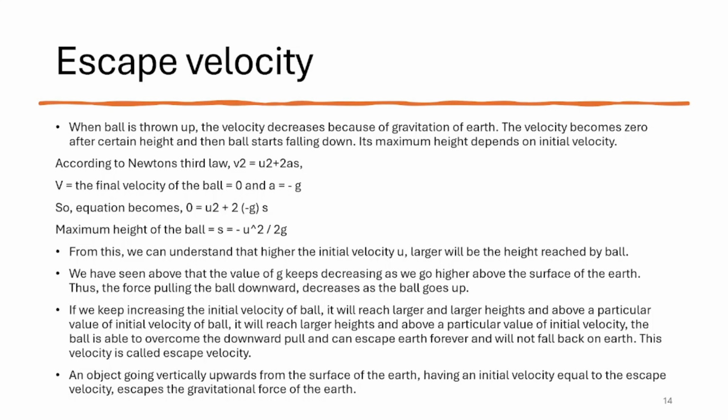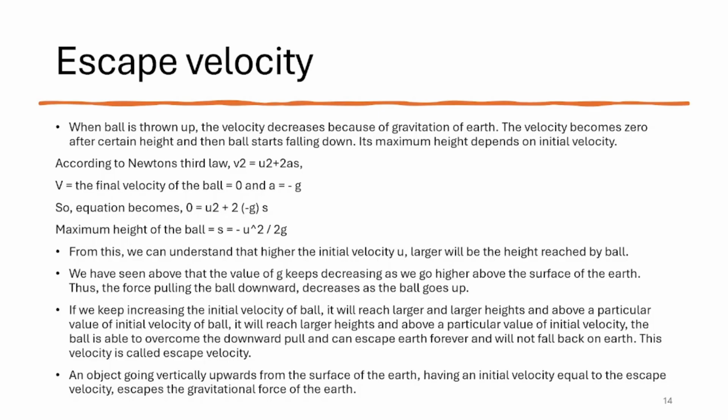Now we have seen that g keeps decreasing as we go higher above the surface of the earth. So the force pulling the ball downward will also decrease as the ball reaches higher and higher heights. If we keep increasing the initial velocity of the ball, it will reach larger and larger heights.